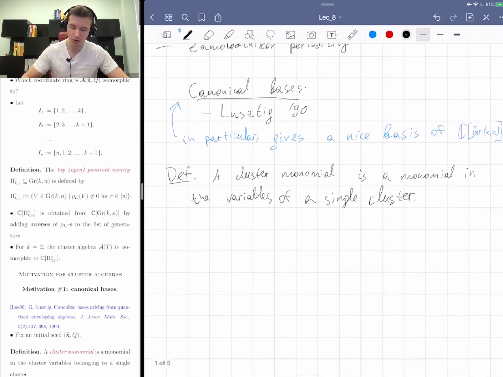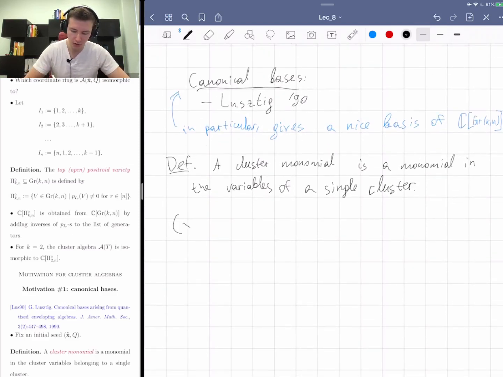Right. So you start with your initial seed x tilde, q, then you mutate some number of times, and you get some other seed x tilde prime, q prime.